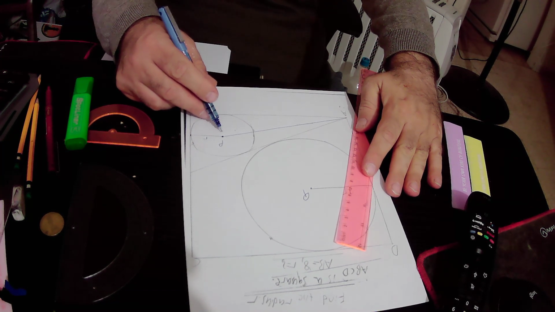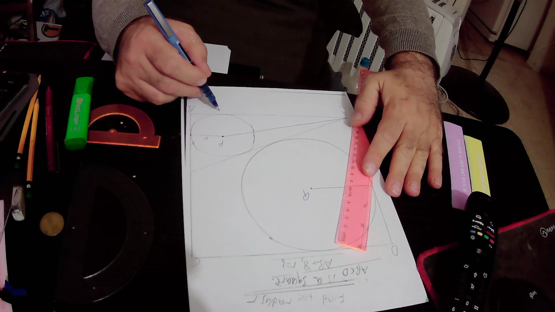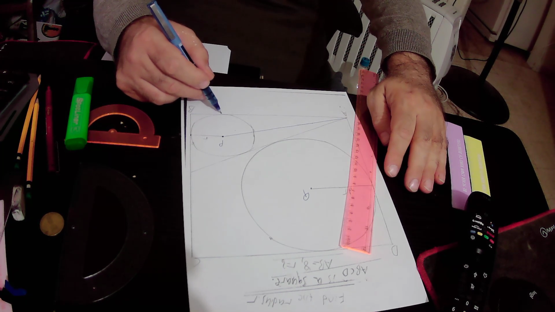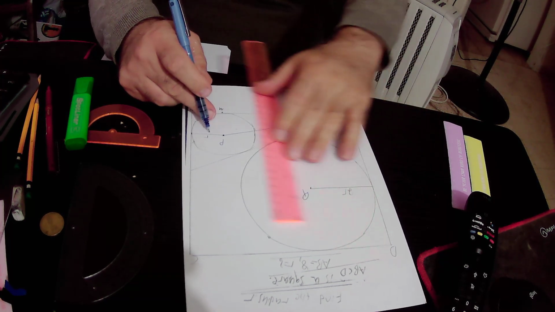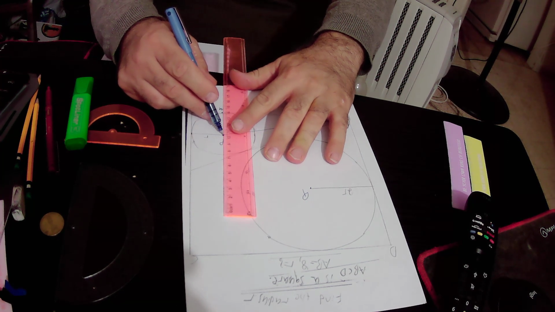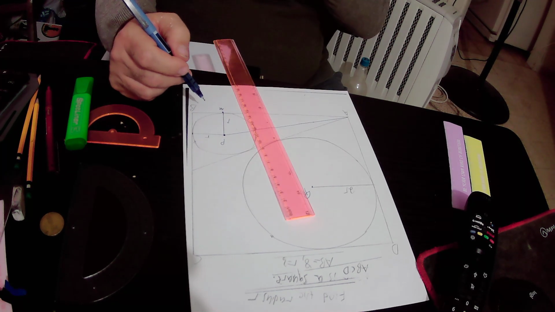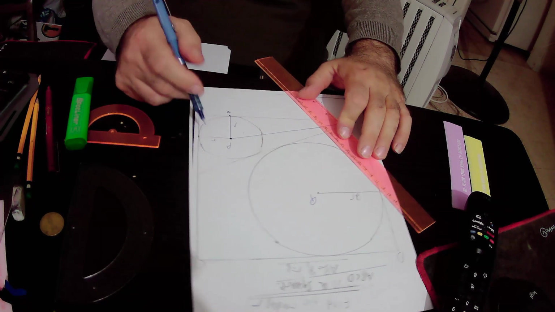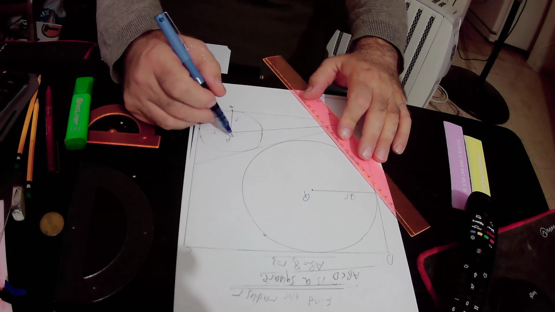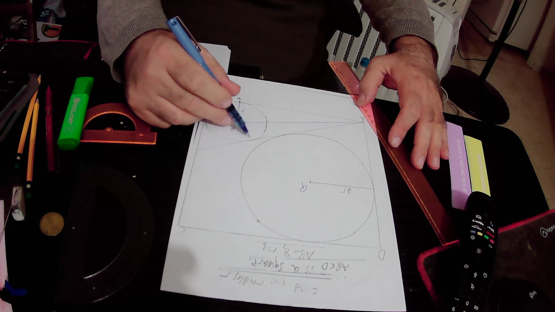And we will define the touching point between the tangent AB to the small circle as point M. So MP is the radius of the small circle, small r, and we will draw the radius of the circle from point P to this tangent.